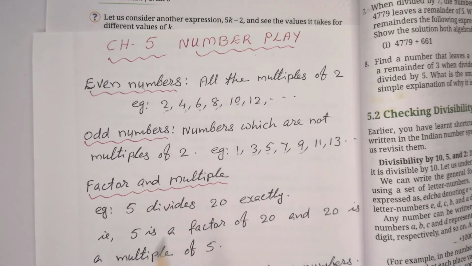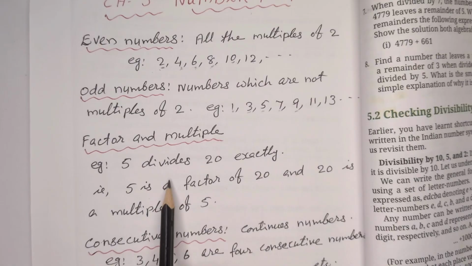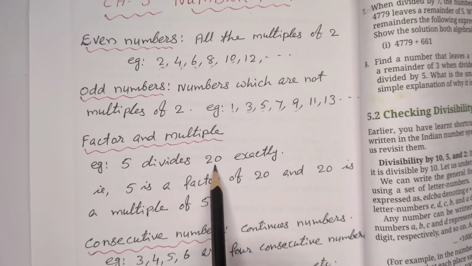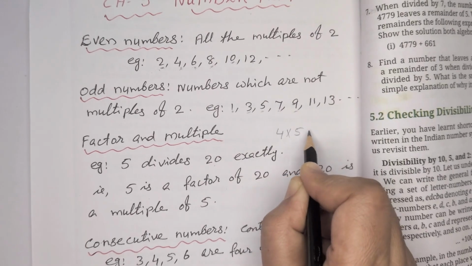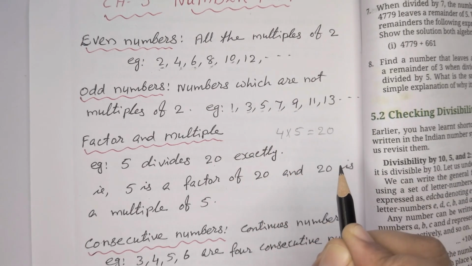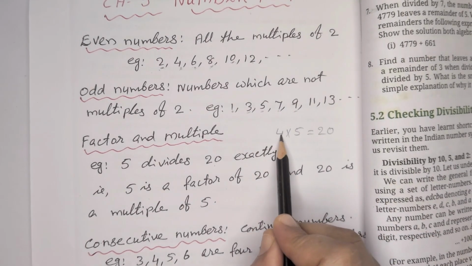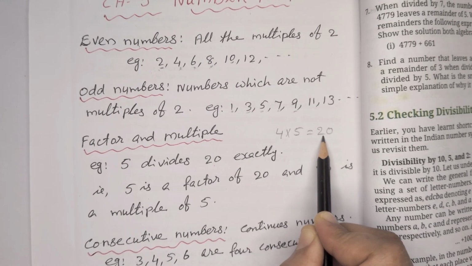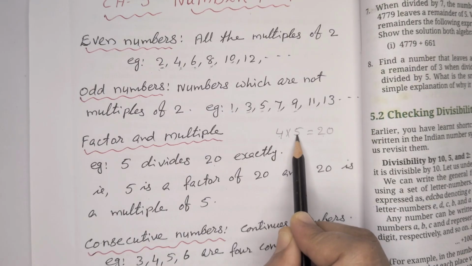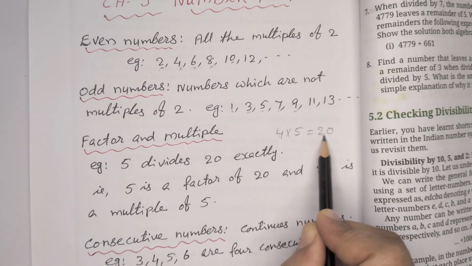Next is factors and multiples. 5 divides 20 exactly, or we can write 20 as 4 into 5 is equal to 20. So 4 into 5 is equal to 20, which means 4 and 5 are factors of 20.